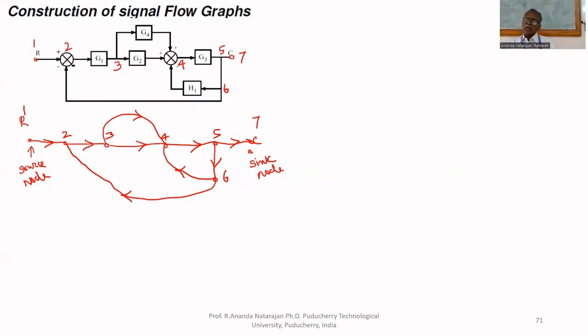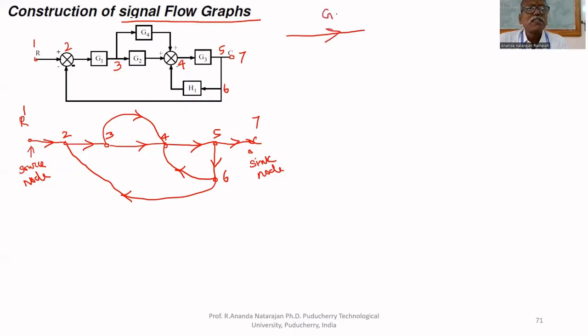Now we have to mark the gain. This type of representation is called signal flow graph representation, SFG representation. In the signal flow graph representation, each link will have a gain.